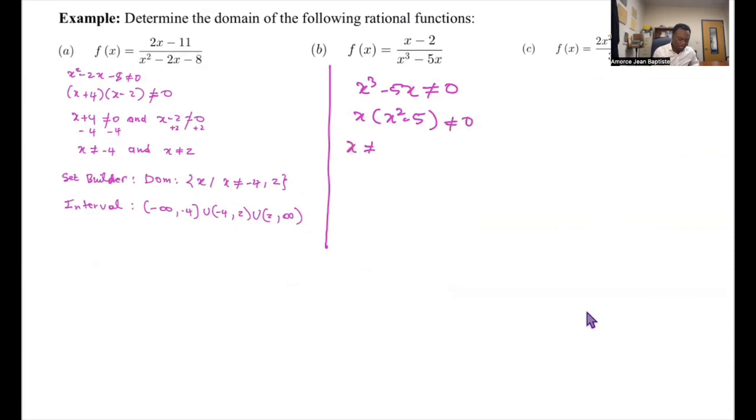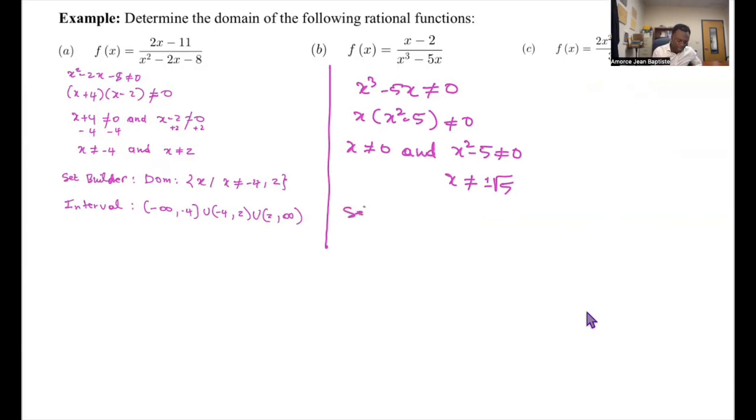So x cannot be 0, and x squared minus 5 cannot be 0. If you solve, then x is not equal to plus or minus square root of 5. So we have 3 values to exclude in the real numbers to find the domain.